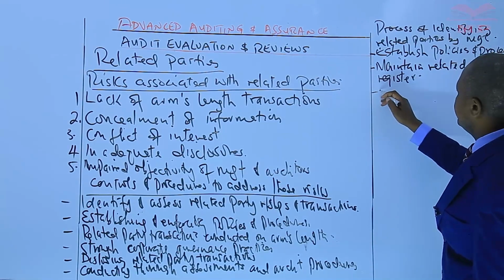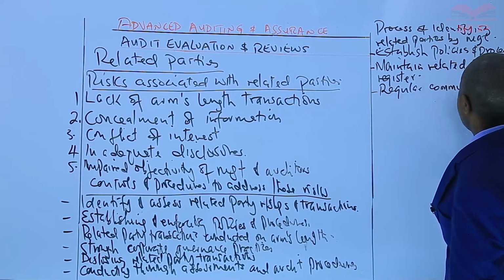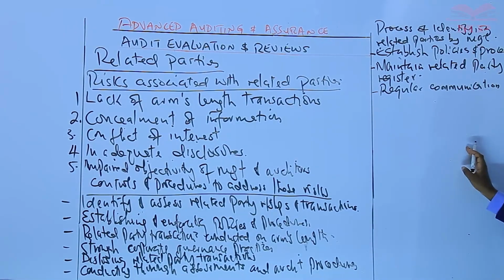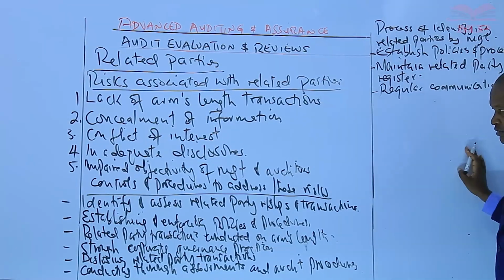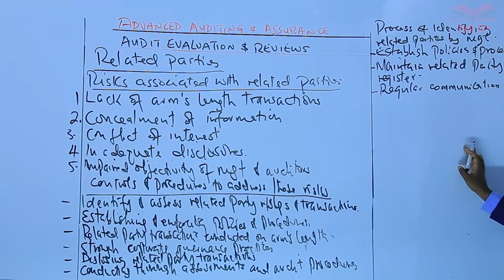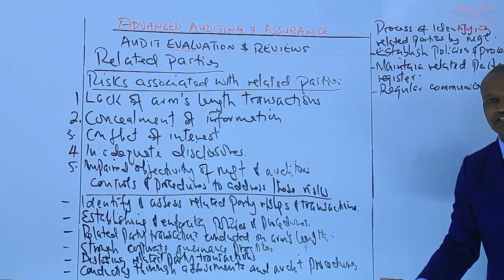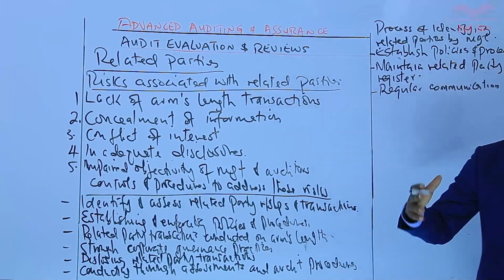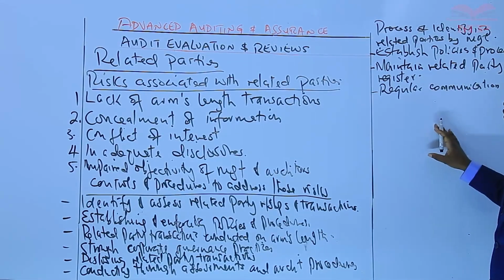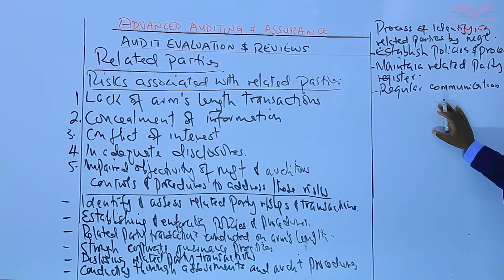Then there has to be regular communication. The management should communicate with the personnel across different departments and levels within the organization in order to gather information about potential related parties.